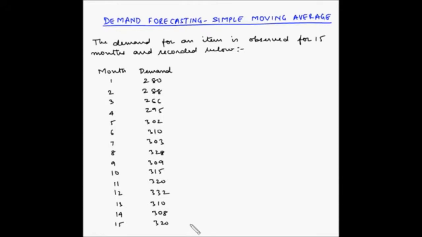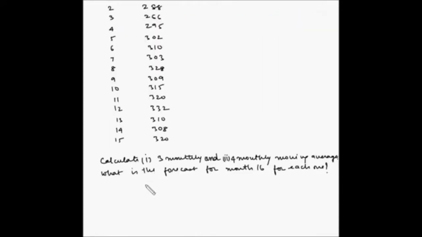Now for simple moving average, we know that the forecast is equal to the sum of the last n demands divided by n.